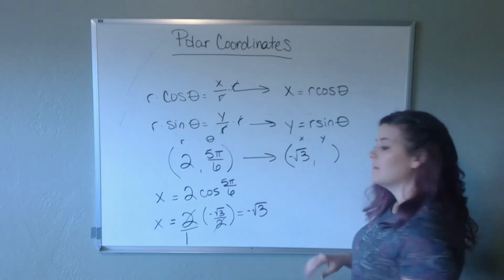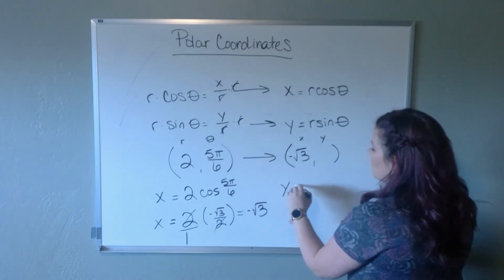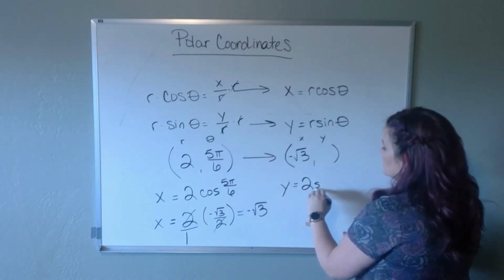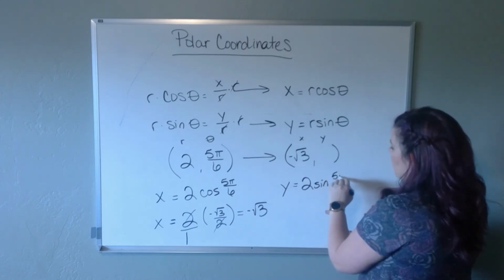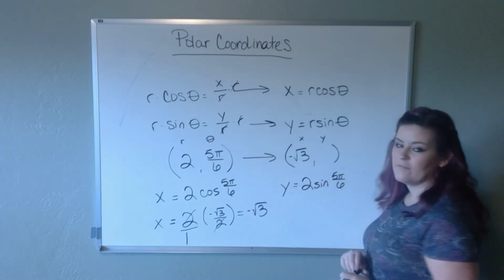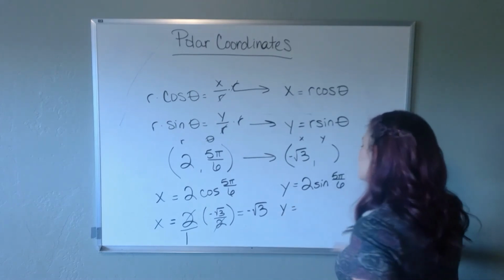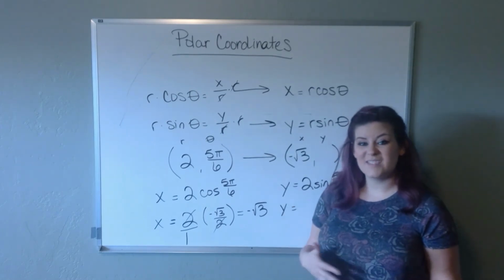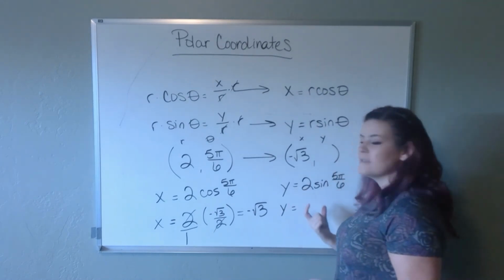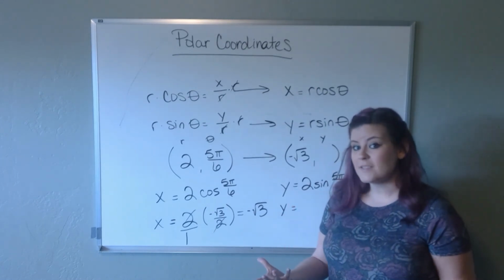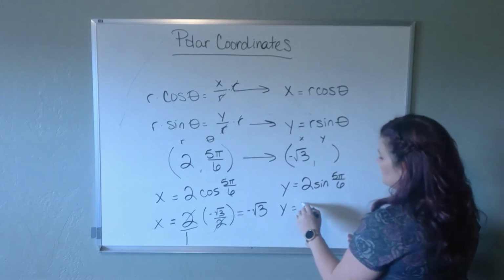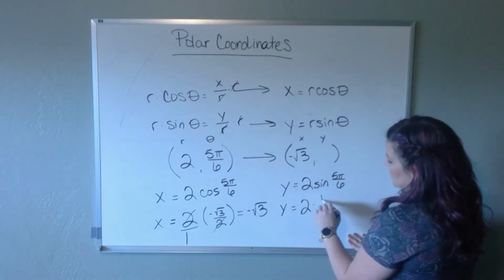Let's find y. Y is r times the sine of theta. So r times the sine of 5 pi over 6. You guys, the sine of the pi over 6's is always 1/2. This is in the second quadrant where sine is still positive, so it's positive 1/2. So I get 2 times positive 1/2.